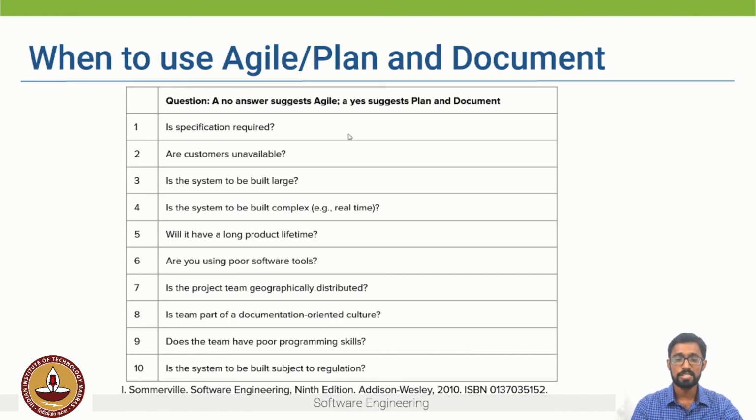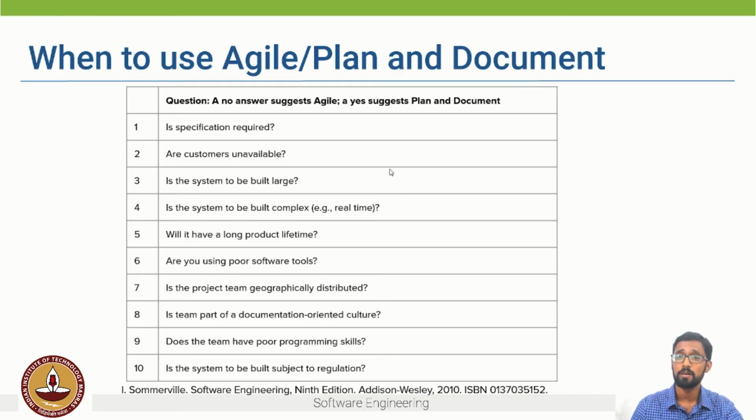Firstly, if the requirements or the specifications are required to be fixed upfront at the start of the project, then a plan and document perspective might be better. It also depends on the clients or the customers. If they are unavailable for most of the time, then maybe a plan and document perspective might be better.